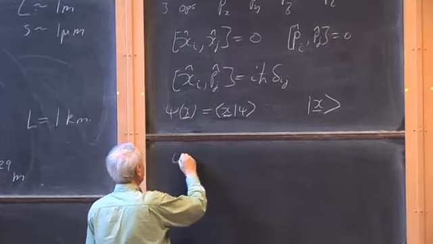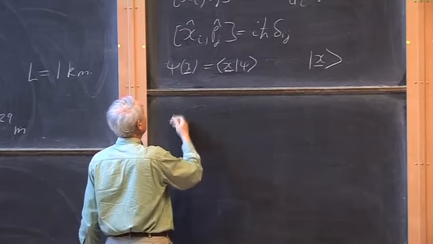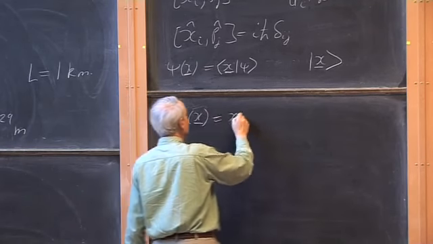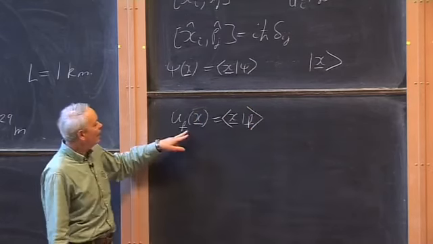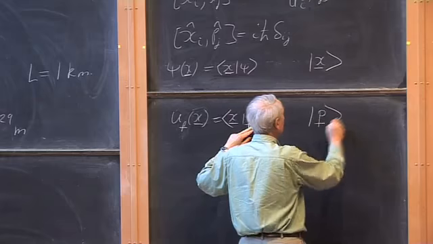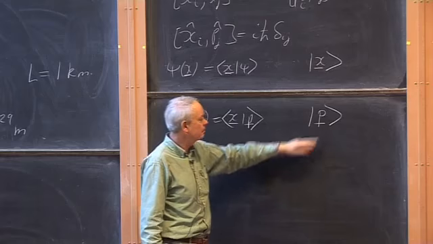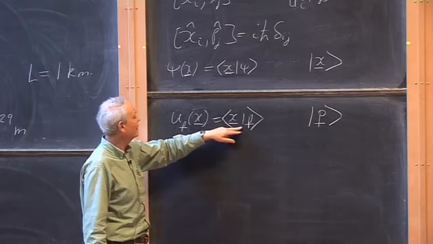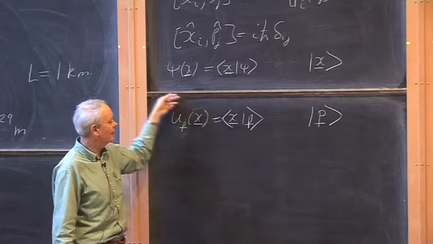Similarly, we have states of well-defined momentum, labeled by px, py, and pz, because we have a state of well-defined momentum which is labeled with all three components of momentum. So we have this complex function of three variables, x, y, and z, labeled by the momentum. This is just an identical notation.